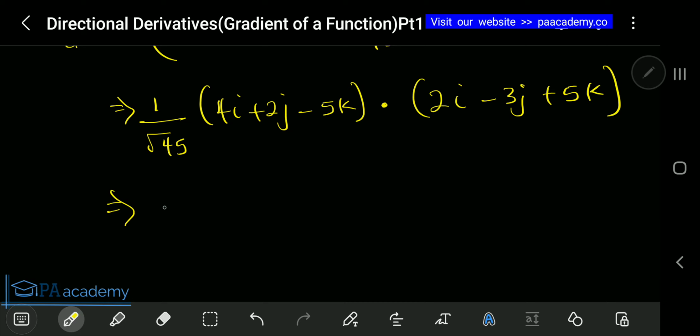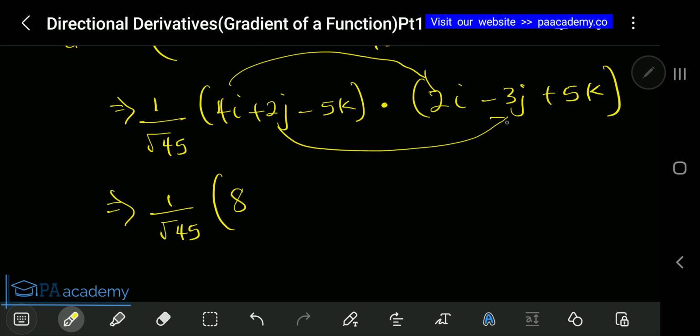In doing the dot product, 1 over root 45 will remain. Remember that when you are doing dot product, you multiply corresponding components. 4i multiplied by 2i will give us 8. Once you are doing dot product, the i, j, and k will no longer be there. Then 2j multiplied by minus 3j gives us minus 6.